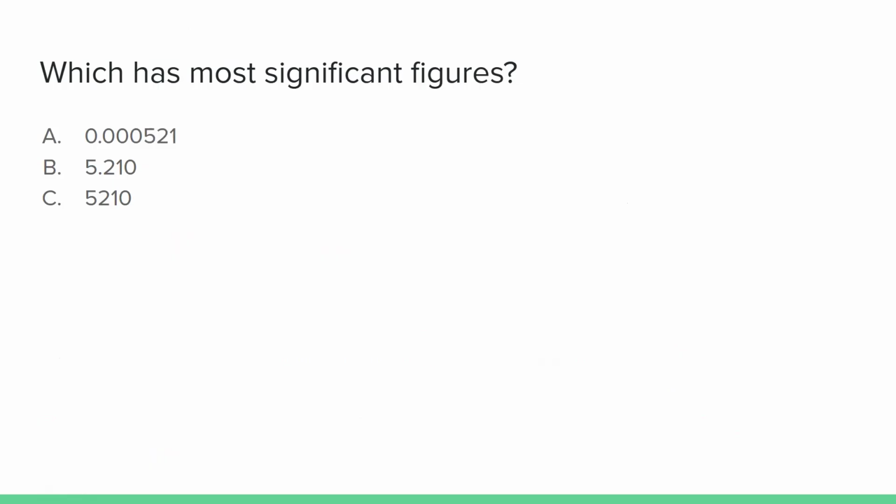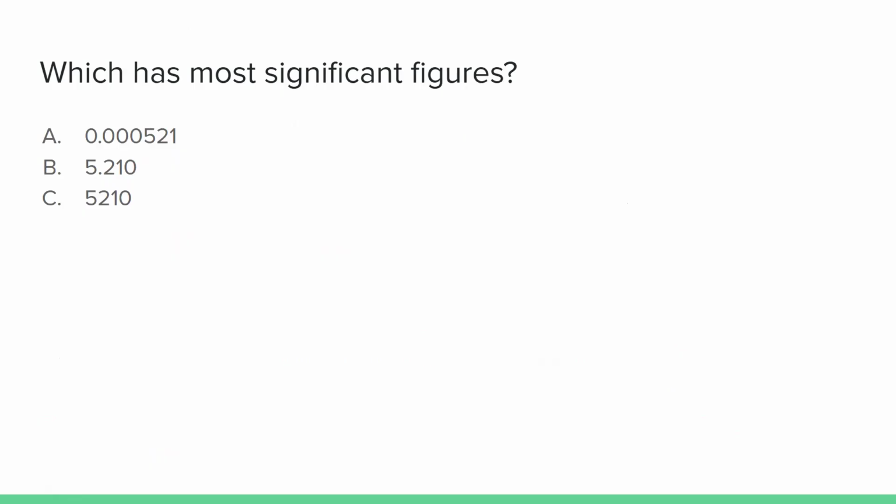So let's look at A. Well, the zeros back here are not considered significant figures. These are, though, the 521. So that has three. This one has four because, as a rule of thumb, the digits that are not zero are always significant figures. The zeros are sometimes, or sometimes not.